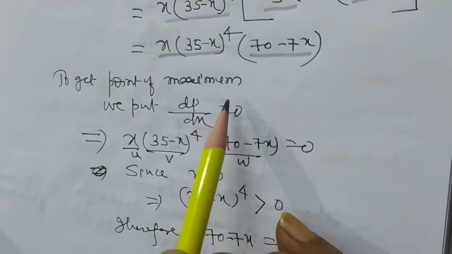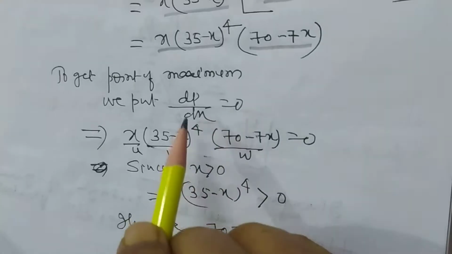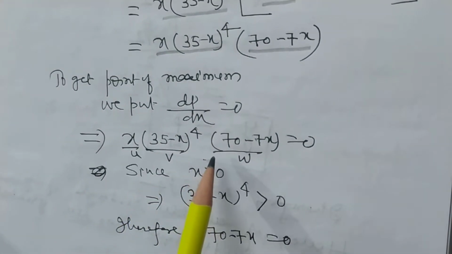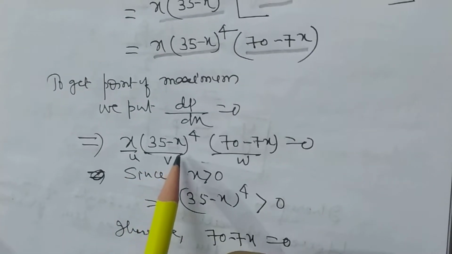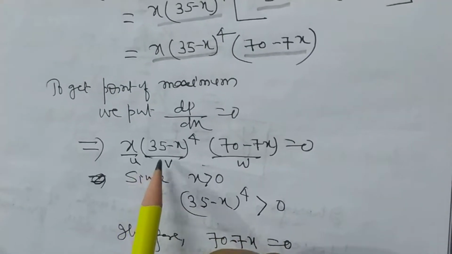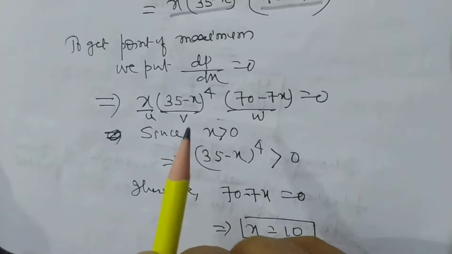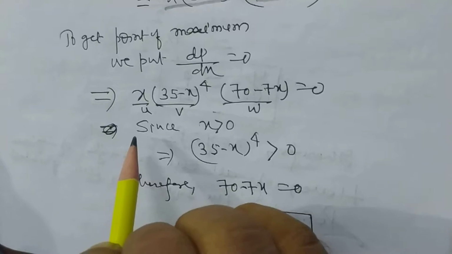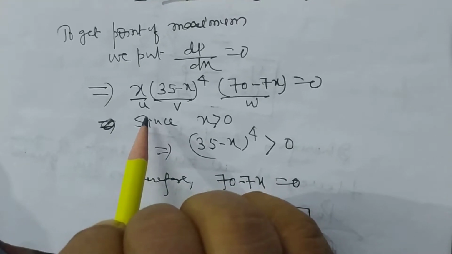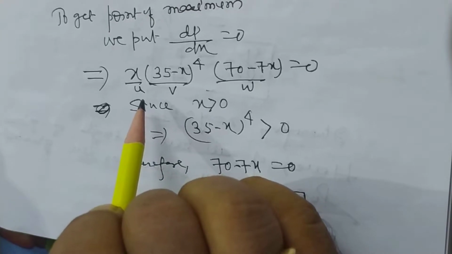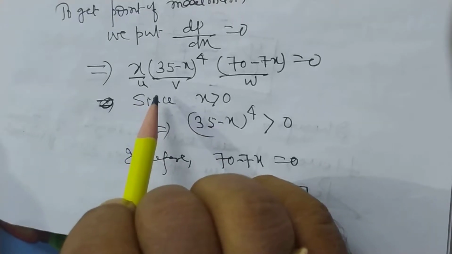To get the point of maximum, we put dp by dx is equal to 0. So now here there are three factors: x, (35 minus x) to the power 4, and (70 minus 7x) is equal to 0. So x is not equal to 0 because it is given that x and y are two positive numbers.